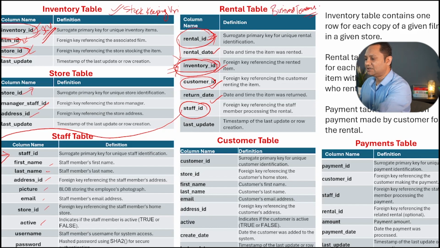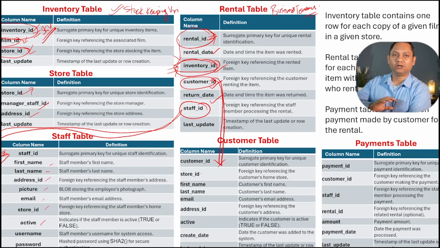Just like you join the staff ID in the staff table, you can join the customer ID with the customer table. Now customer table has all your information about the customer. Customer's first name, last name, customer's address, customer's email address, whether the customer is active, he is actively renting or not, right? All of that information. Once the customer returns the rental, then he will pay.